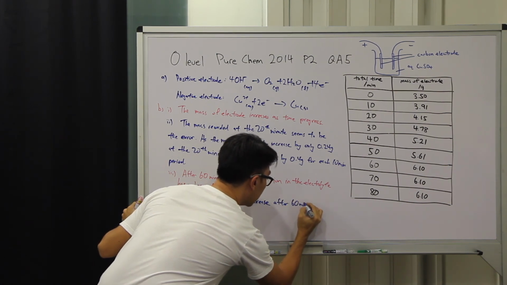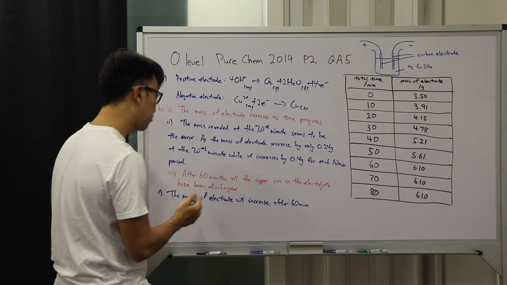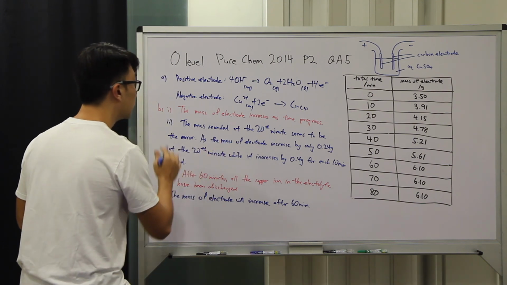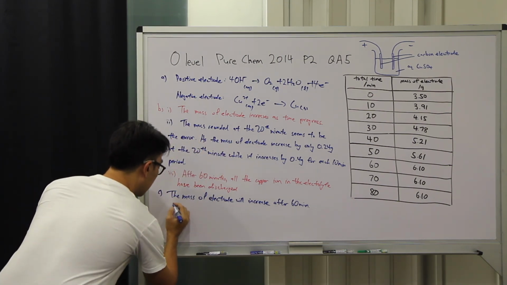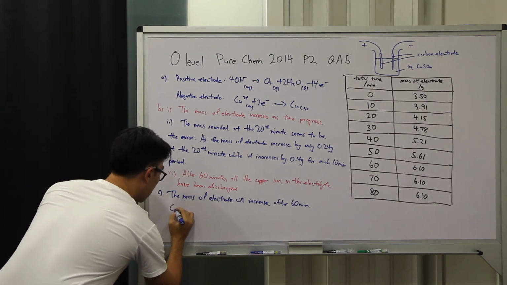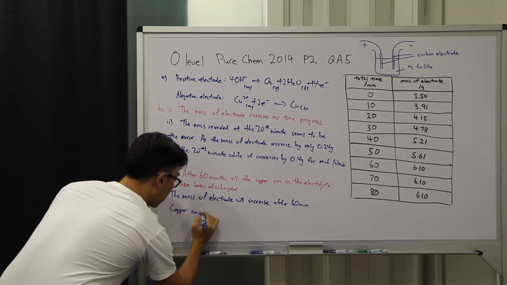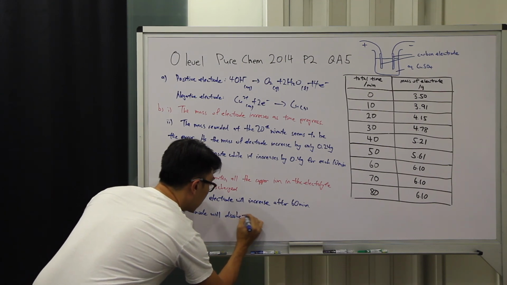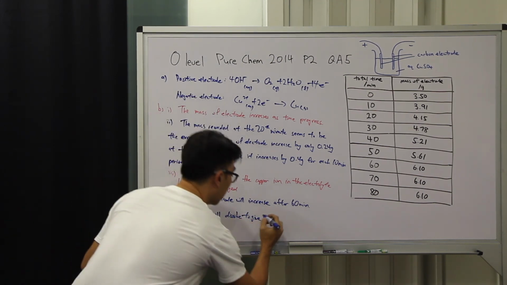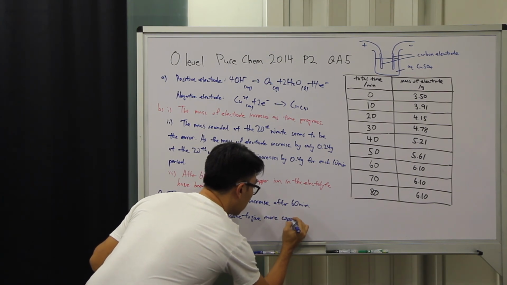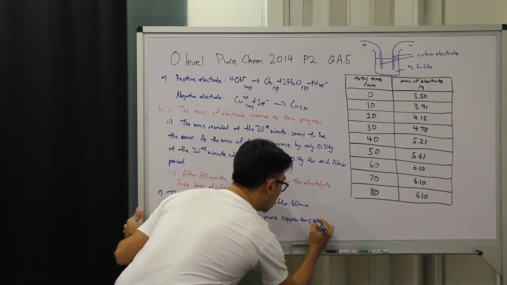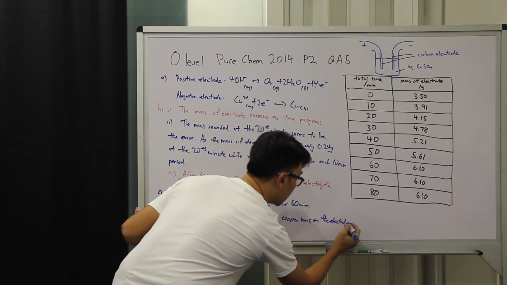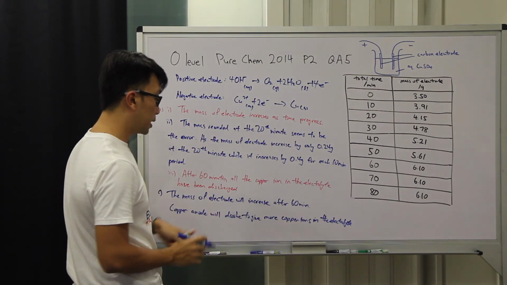Firstly, the copper anode will dissolve to give more copper ions in the electrolyte.